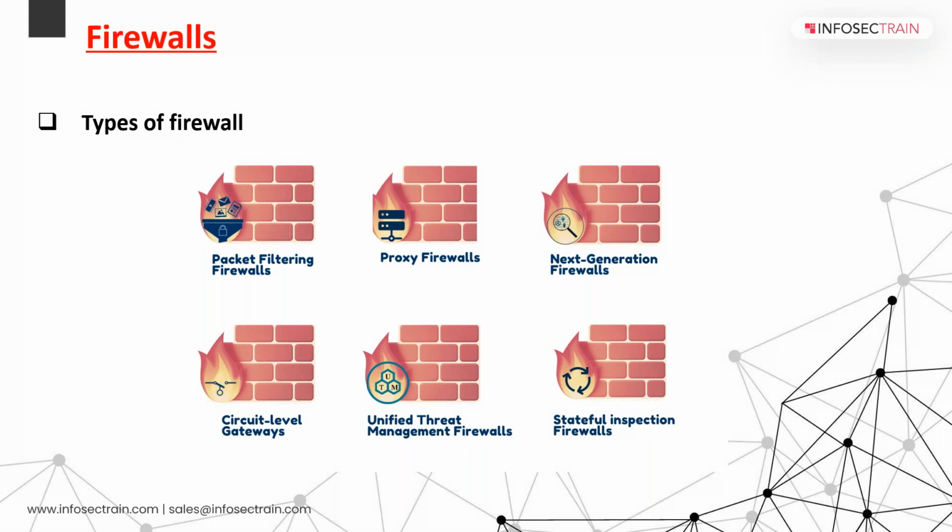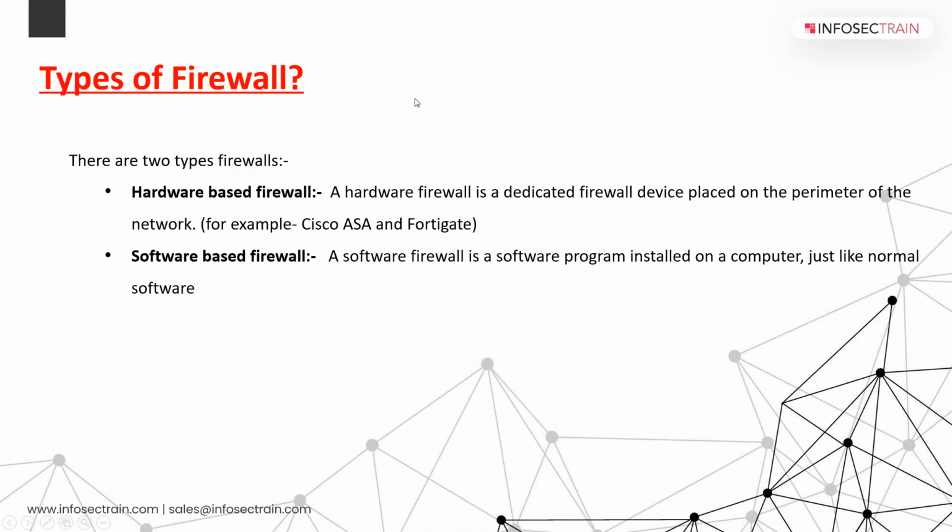There are two types of firewall: a hardware-based firewall and a software-based firewall. A hardware-based firewall is a standalone device placed on the perimeter of the network.